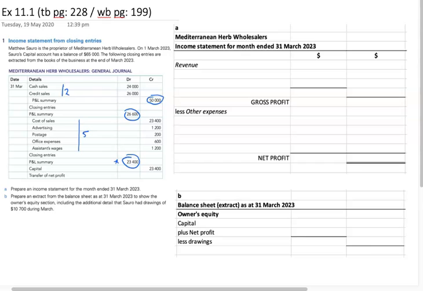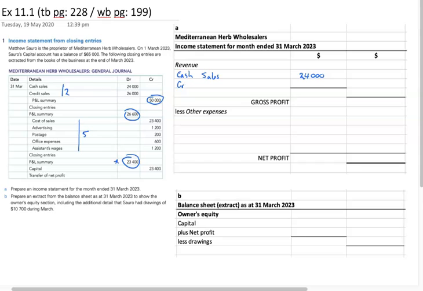We have 2 revenues. Both of these are part of net sales, so they're going to go at the top. We have cash sales, which were 24,000. Because there's 2 of them and there's 2 columns, if we're going to have to add numbers up, we put them in the left column.